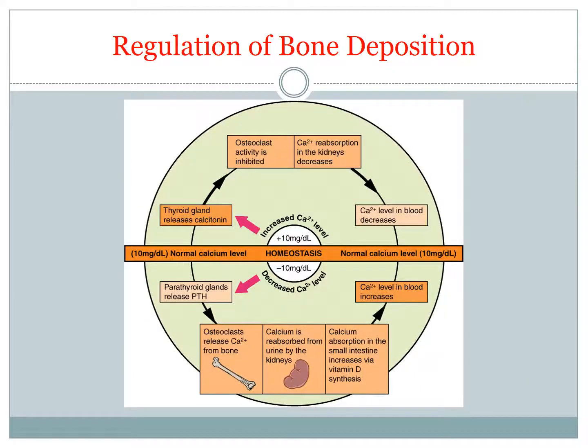By providing a calcium reserve, the skeleton plays the primary role in the homeostatic maintenance of normal calcium ion concentration of body fluids. The skeleton is also important in the homeostatic balance of other ions as well.